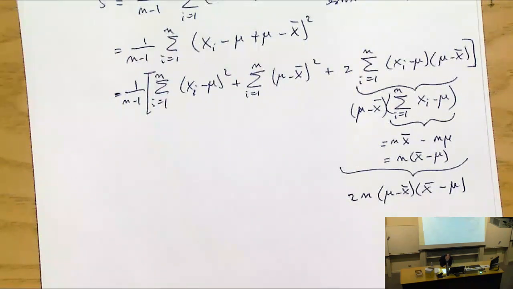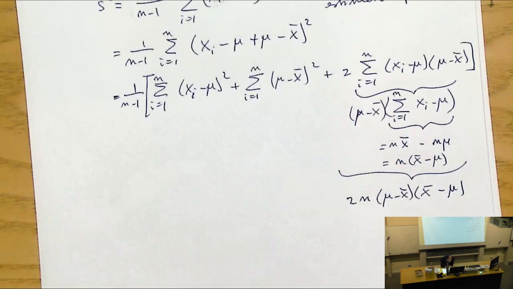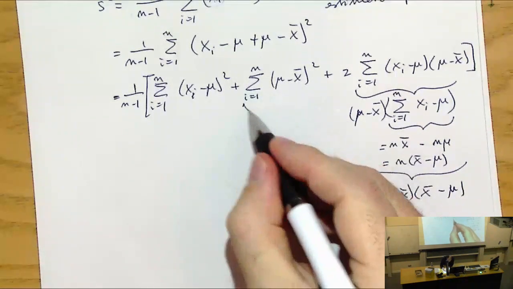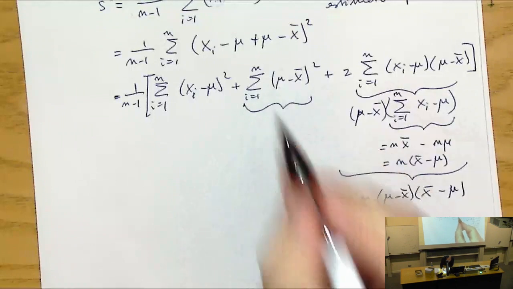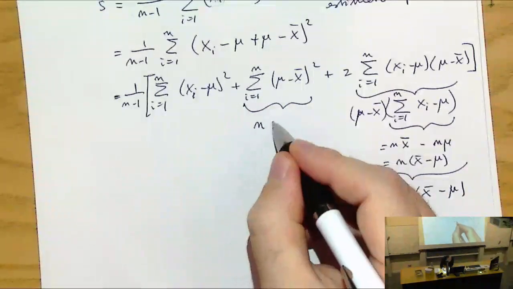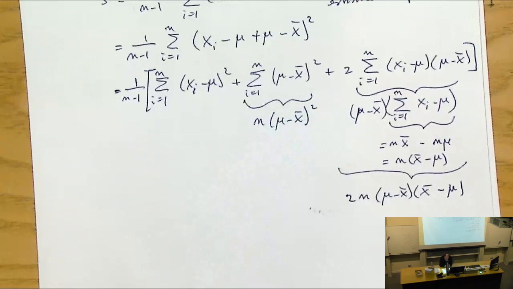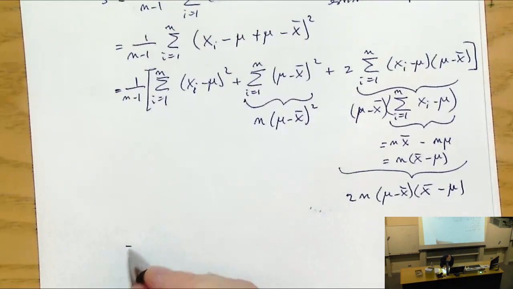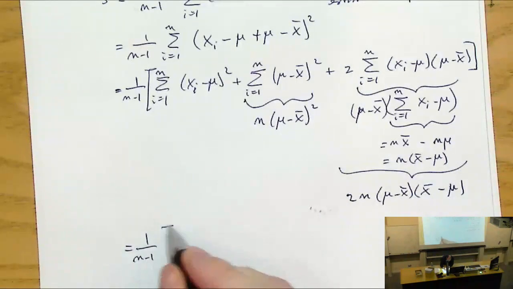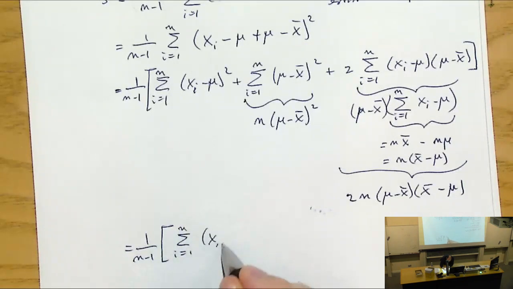What else can I say here? The mu minus x bar term is independent of the sum, so this is n times mu minus x bar. So what we have is 1 over n minus 1, and a sum from 1 to n of xi minus mu square.